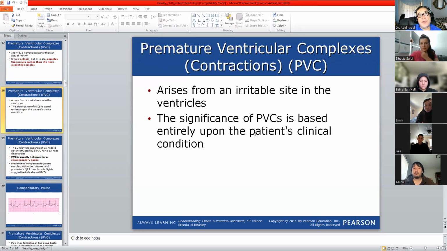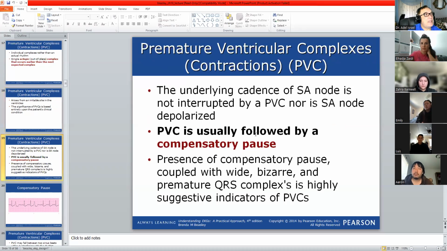This is the third time we have this subject. I remind you, we have premature atrial, premature junctional, and premature ventricular, which is our target for today.